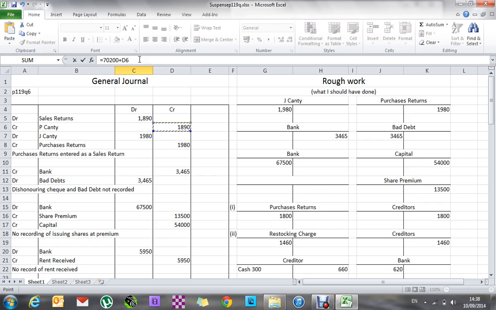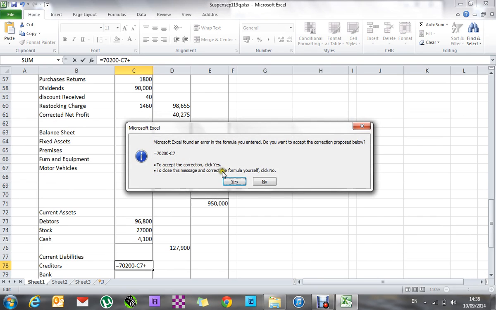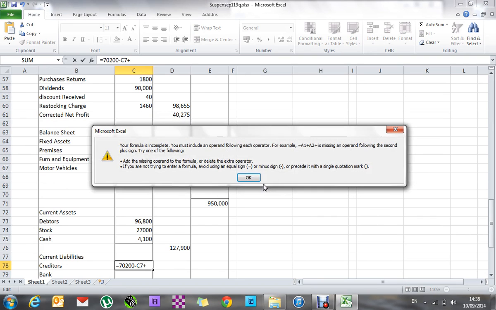So the credit note received from J Canty, the J Canty figure, is a relevant figure. It's a debit entry, so I'll be taking that away from him. I've put it in as a plus, so I'm going to make that a minus. Let's just see, there were a few other entries.